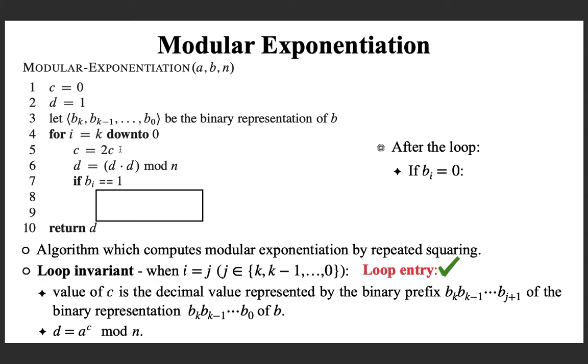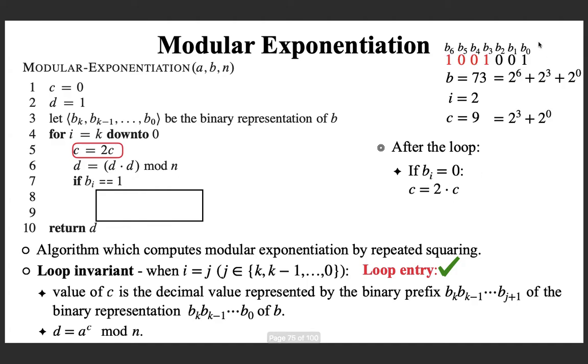If you know about binary strings, the first part is very clear, because you are making c into 2c. Suppose this was the case. Originally the value of c when i is equal to 2 is 9, that is what we found. Now when you go to the next bit, it is 0. You know that when you do a left shift and the next value is 0, the value represented by that binary string will be doubled.